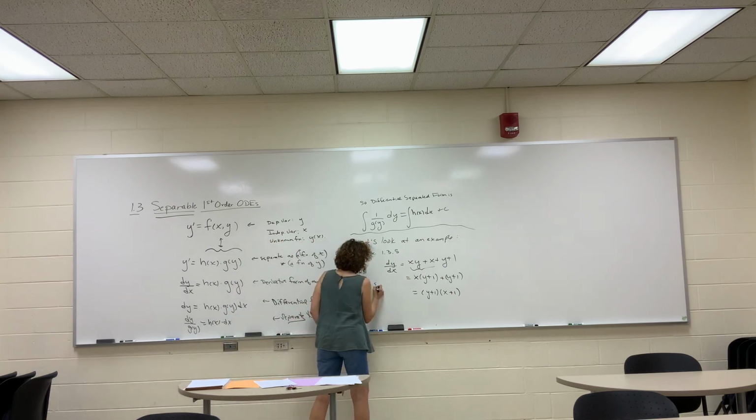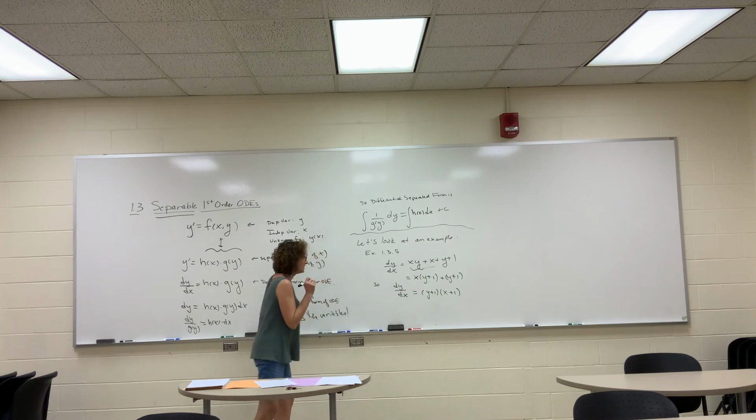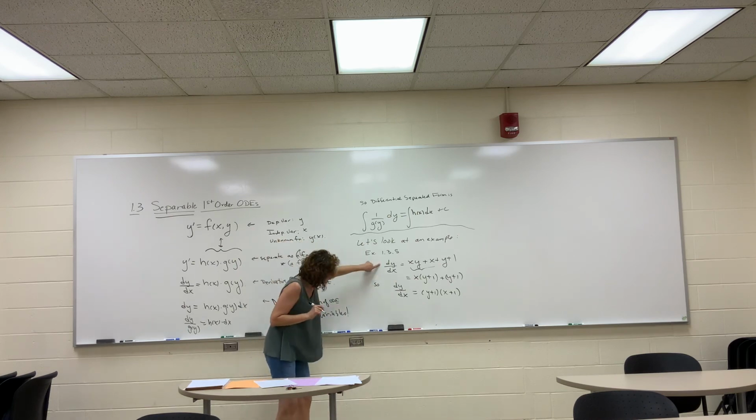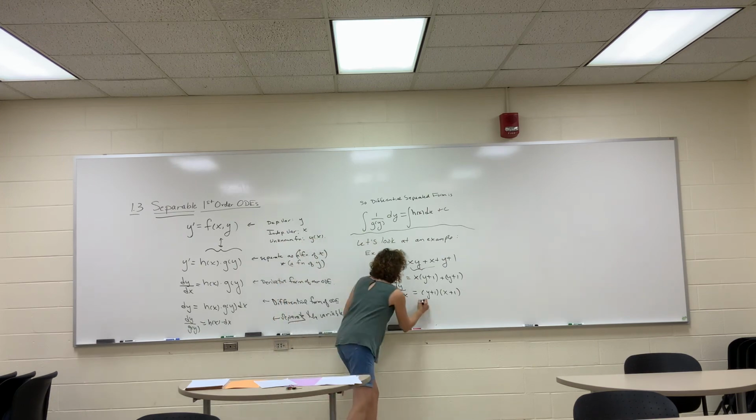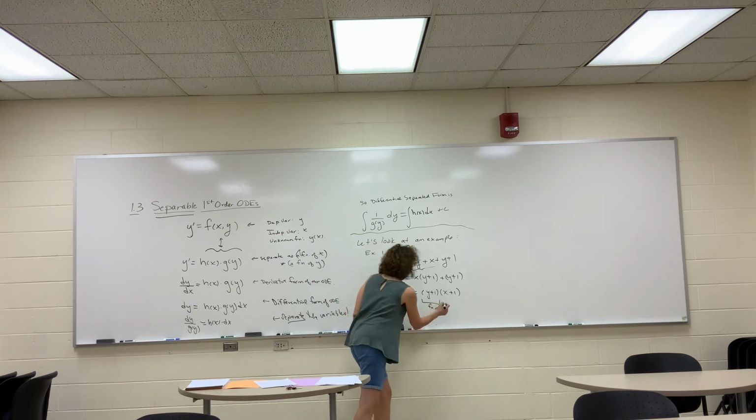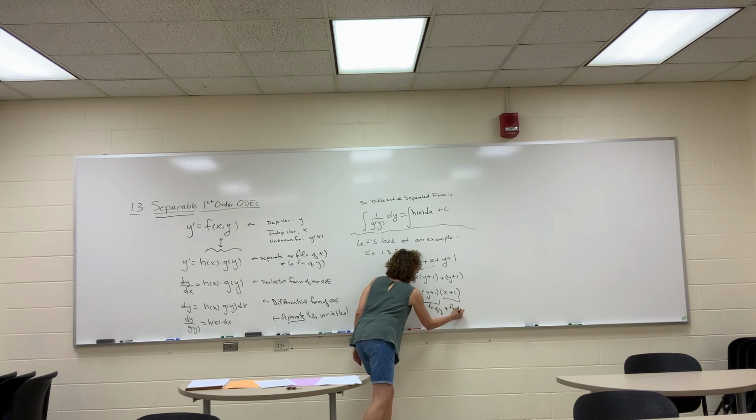So our equation, the derivative of y with respect to x, given to us this way is equivalent to this, and this we like. Why? Because we've got a function of y only, it doesn't matter what order they're in, times a function of x only.